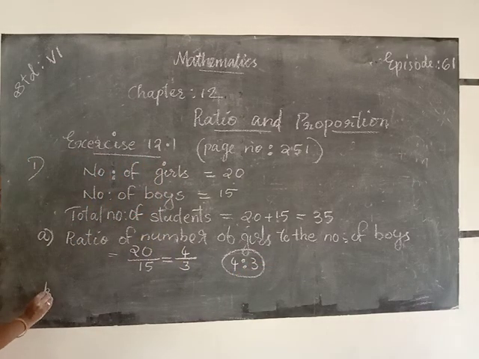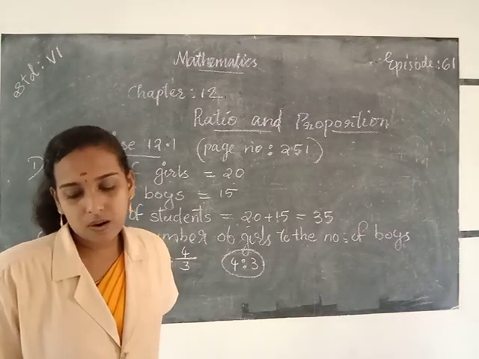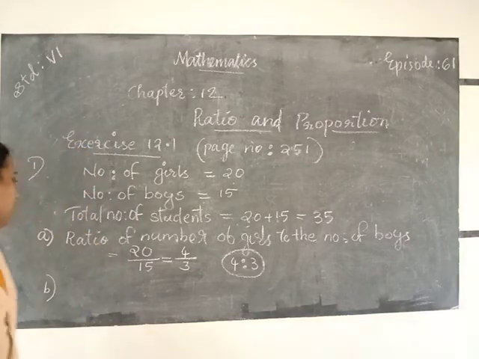Then question B: what is the ratio of the number of girls to the total number of students in the class?